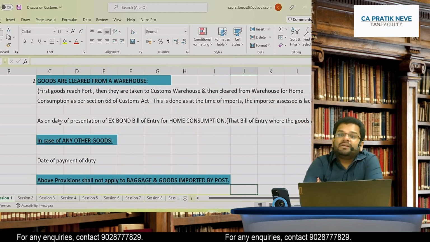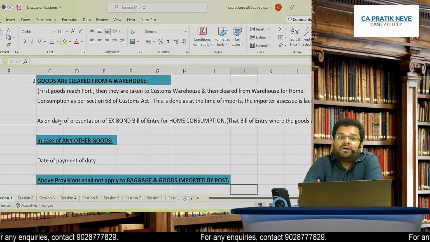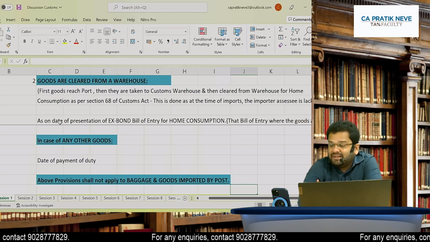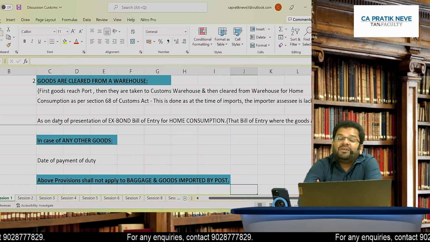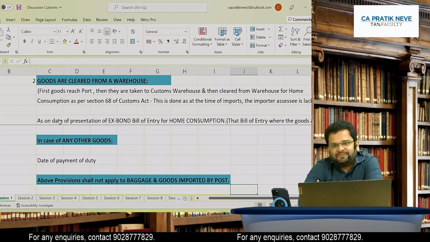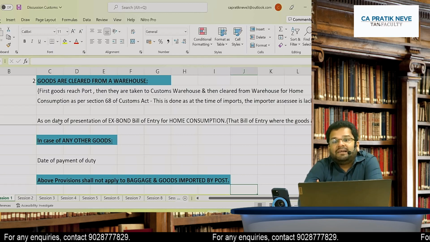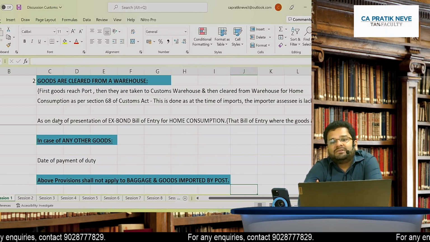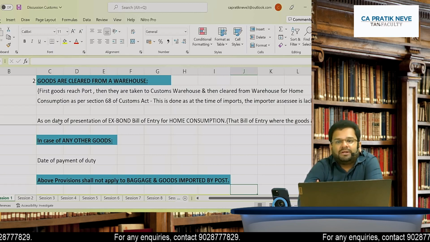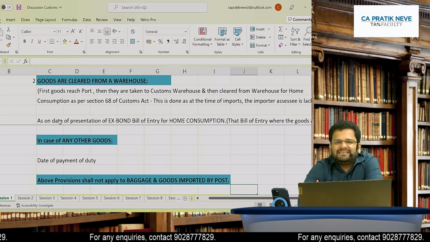The date when this triple duty bond is entered into and the goods are kept in warehouse is the date when you do into bond bill of entry, and as on that date you will take rate of exchange. And when you file ex bond bill of entry for home consumption while clearing the goods from warehouse, as on that date you will take the rate of duty. So is this clear to all of you?